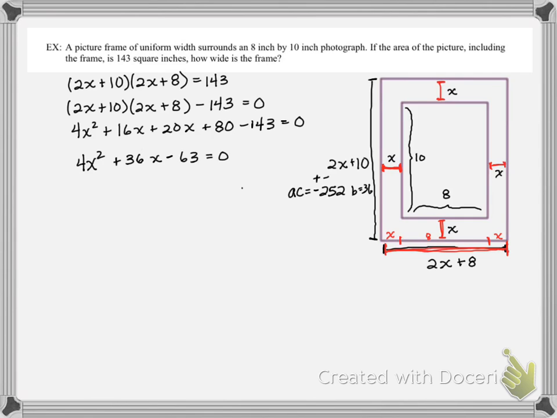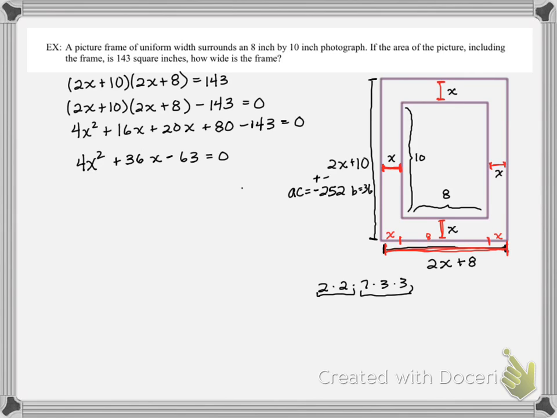And I would probably use prime factorization for this one. The prime factorization of 4 is 2 times 2. The prime factorization of 63 is 7 times 3 times 3. So that's the prime factorization of 252, because here's 4 and here's 63, and when you multiply those together, you get 252.